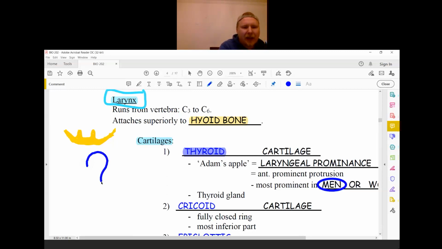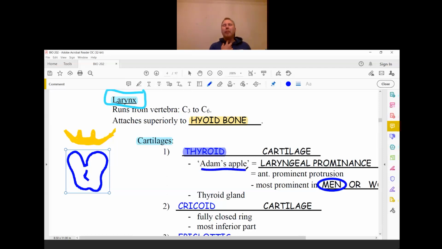It has a bit of a heart-shaped top part, superior part. And we have this protrusion on there that comes out and gives rise to what we know as Adam's apple. The proper term would be laryngeal prominence. That is the prominent protrusion that we mostly see on men.